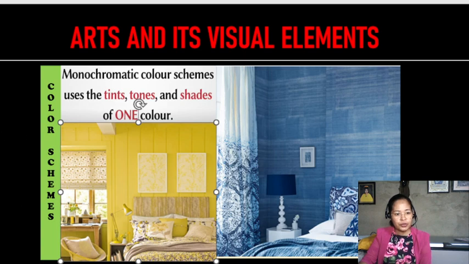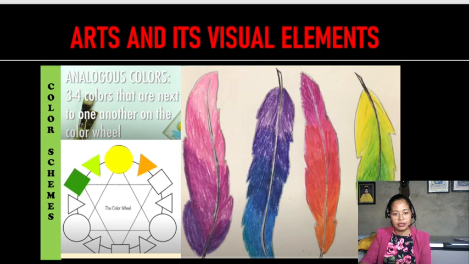Now we go to the next, the analogous. Okay, this is analogous color. This entails the use of 3 to 4 adjacent colors in the color wheel. Adjacent, ibig sabihin magkatabi na kulay sa color wheel. Okay, like this one. And look at the painting here.